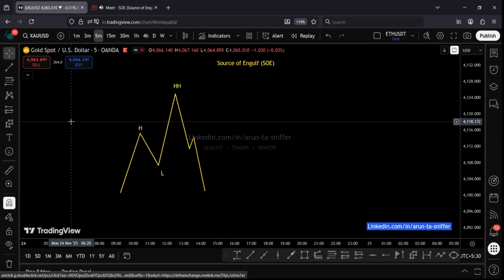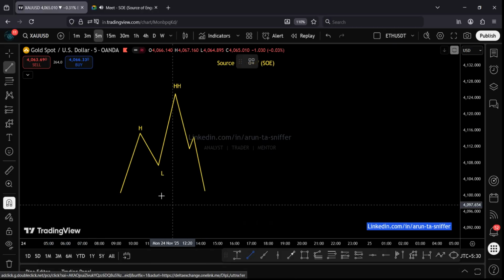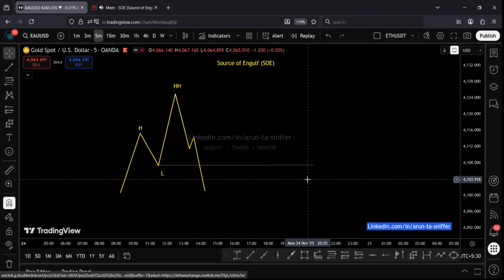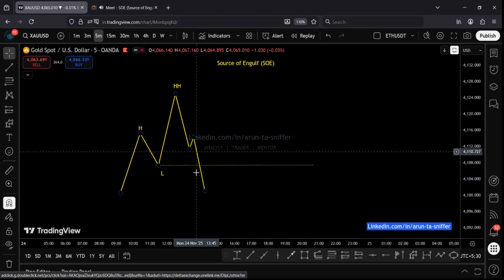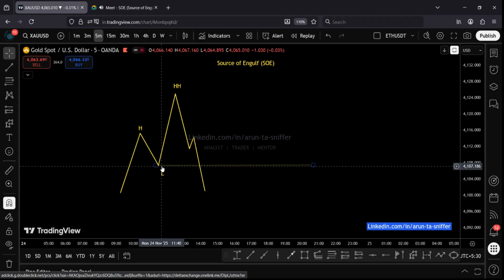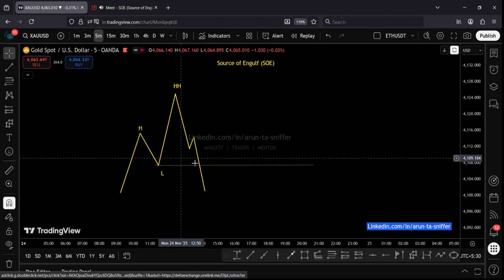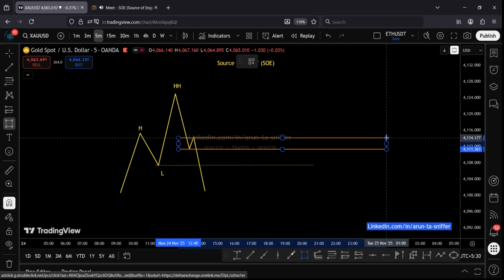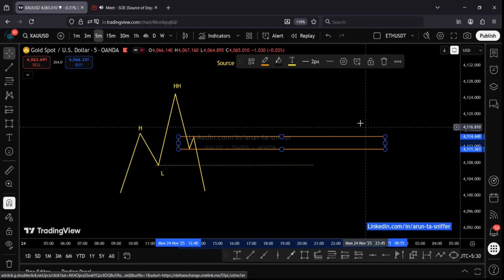So we have this level. To break this low, this level, decision was made here. So this will be our source of engulf for DP.